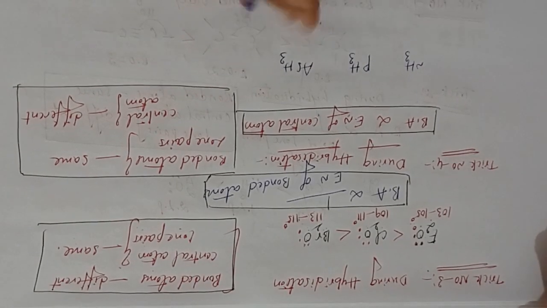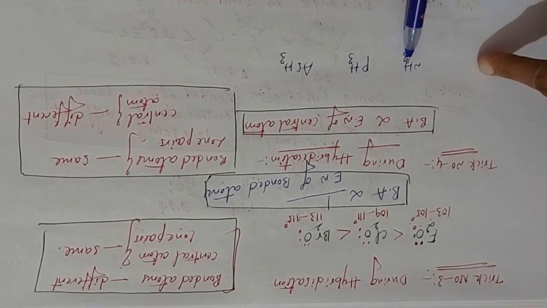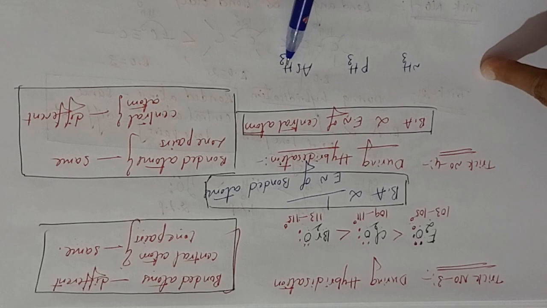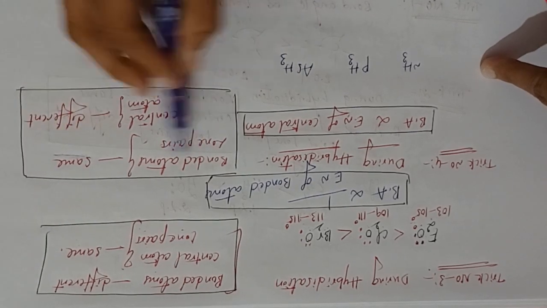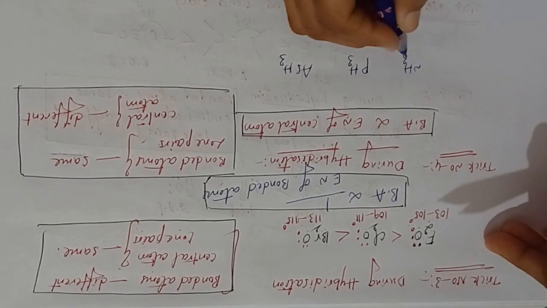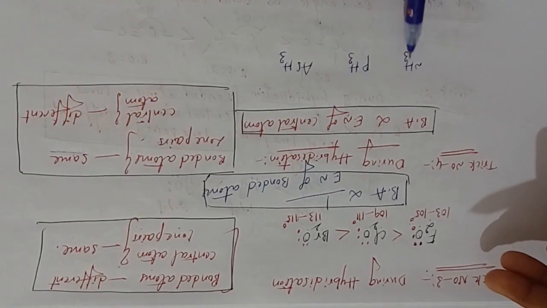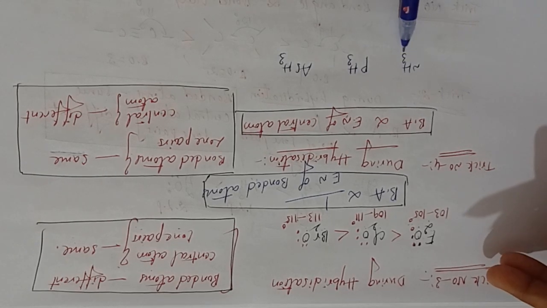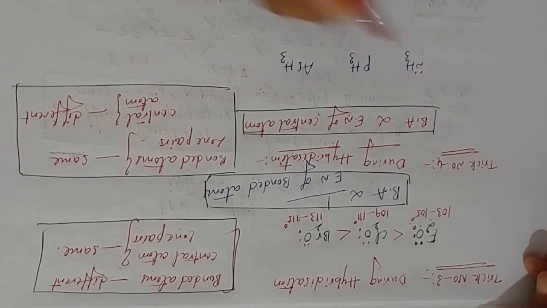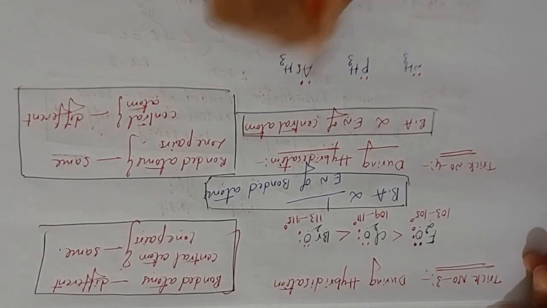See here, bonded atoms same: 3 hydrogens in each. Lone pairs also same. Nitrogen has total 5 valence electrons; 3 are involved in bonding with 3 hydrogens, remaining 2 electrons make 1 lone pair. Phosphorus also has 1 lone pair, arsenic also 1 lone pair.